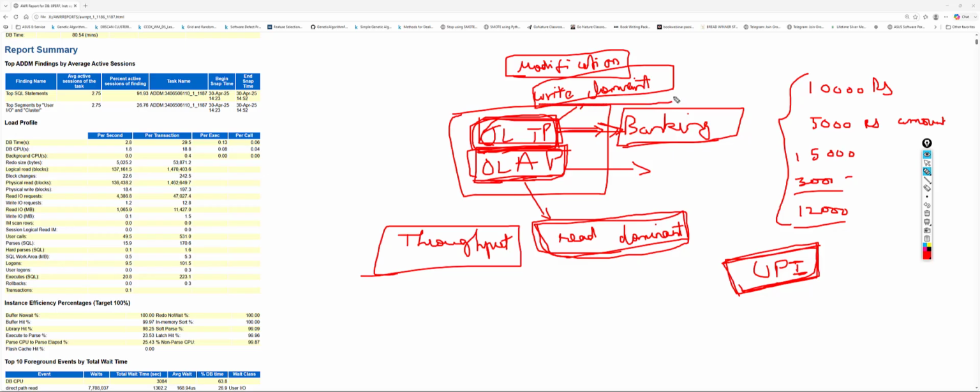So the majority of the transactions would be write dominant in OLTP. But for OLAP, we don't do any transaction. OLAP is kind of analytic, so we are just analyzing the historical data from the past, right?